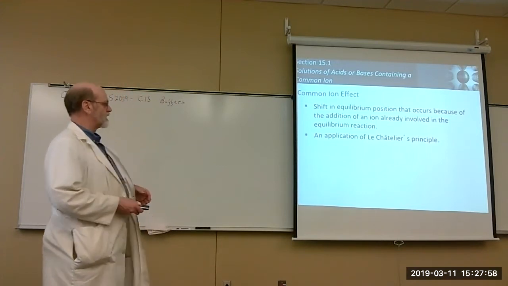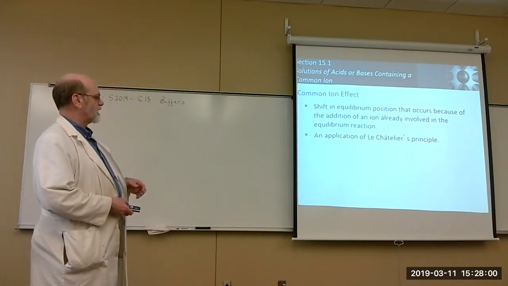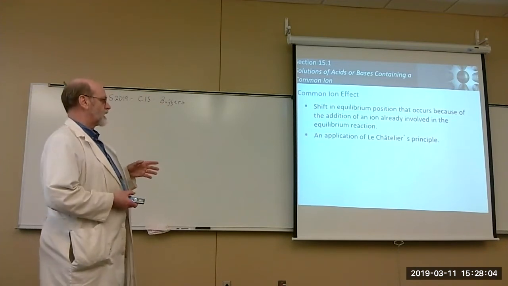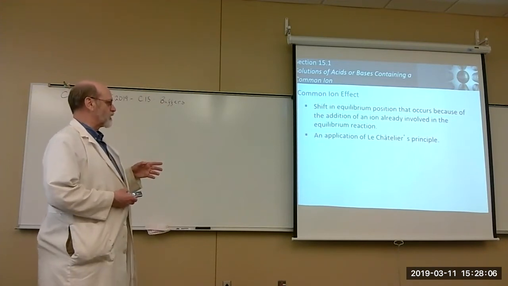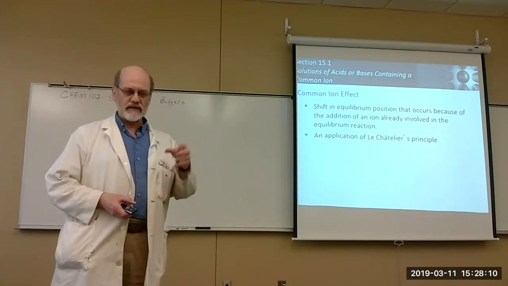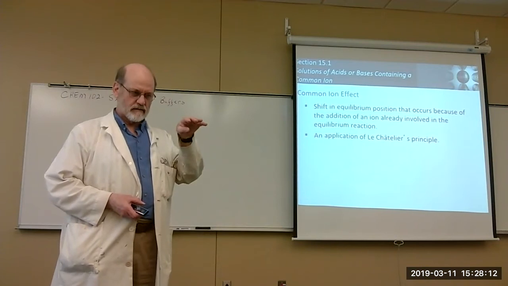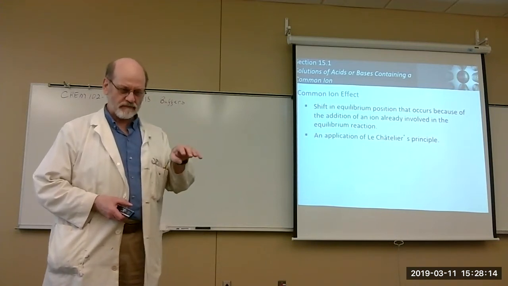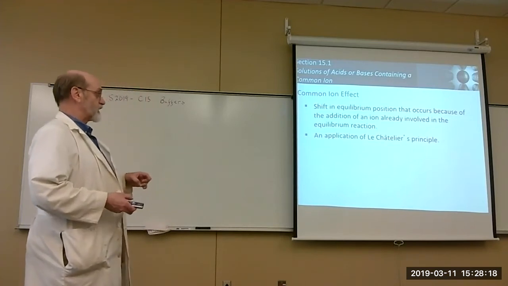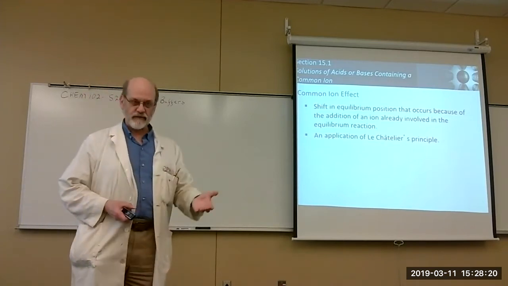So if we have an acid-base situation, and we shift the equilibrium by adding an ion that is common to the balanced equation, then there will be a shift in the equilibrium to compensate for that addition.